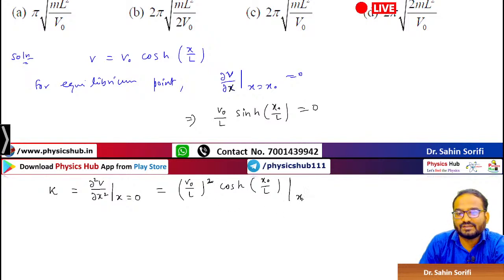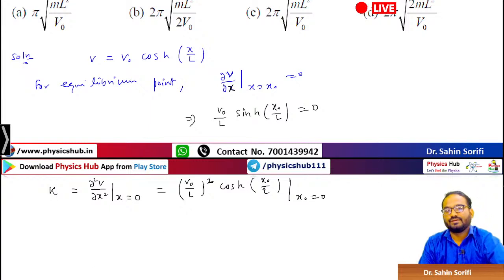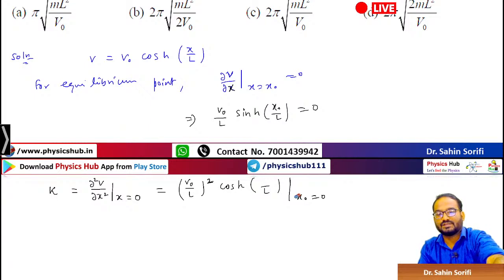We have to put x naught equal to 0, or you can simply write it in this way.